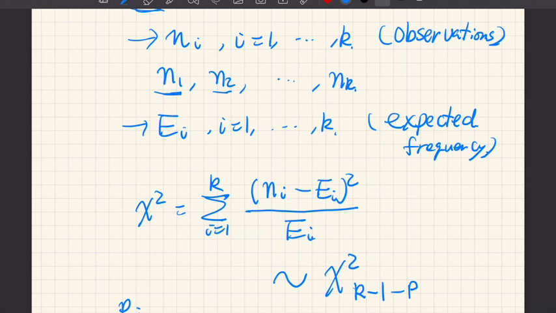This p is the number of parameters which have been independently estimated from the data.